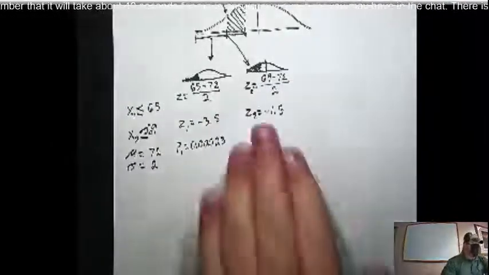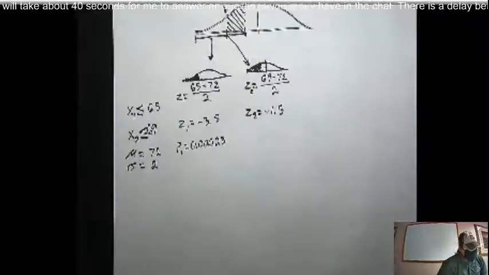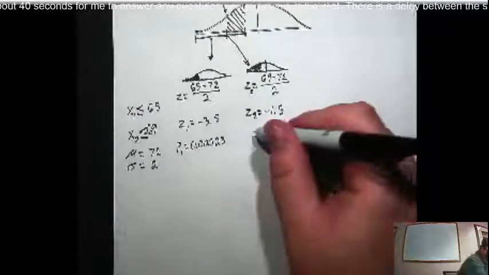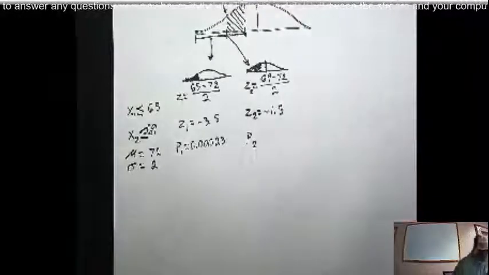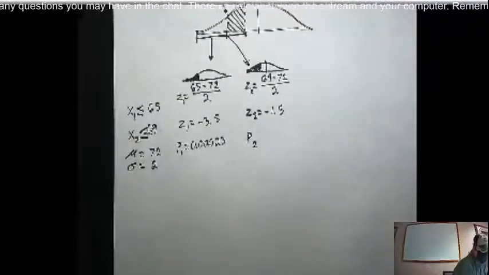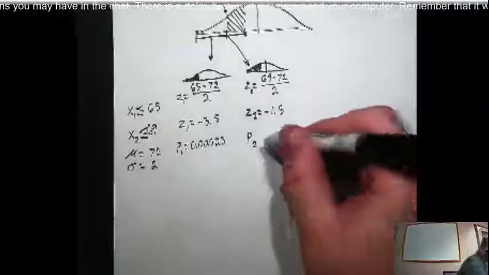And negative 1.5, if we look it up on our table, is 0.06681.